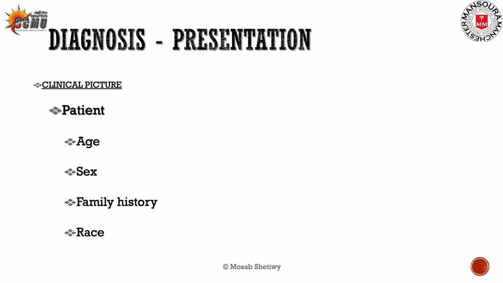And its incidence is higher in Western countries because it's related to their diets, because they tend to have high fats in their diets, and that's a predisposing factor that is incriminated for colorectal carcinoma.